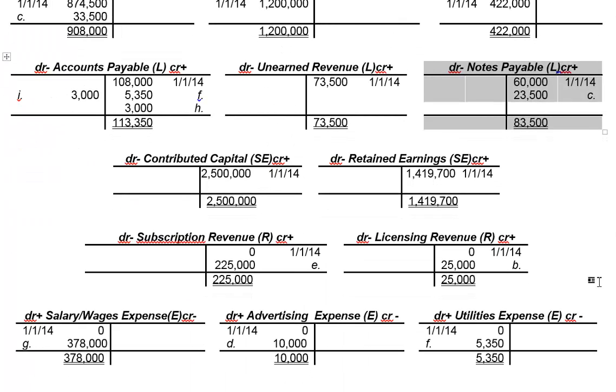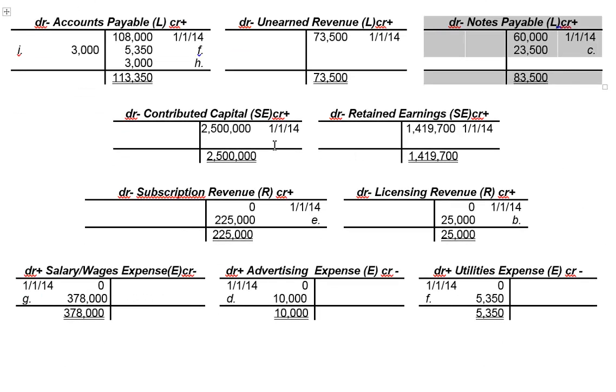Now, we have no activity in the contributed capital account or in the retained earnings account at this point. We did notice that during the year, we didn't have an opening balance for subscription revenue, licensing revenue, or any of our expense accounts, right?